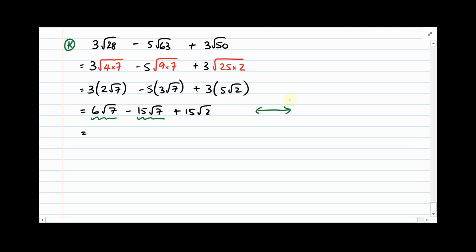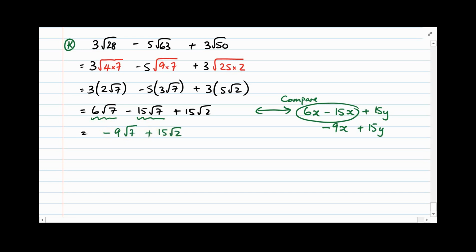So again, if I compare to using my usual, say, x's and y's, this is what I would have. I know that I could combine these, and I'd end up with negative 9x and 15y. So in a similar fashion, I look at the coefficient, 6 minus 15, it is negative 9. So negative 9 of root 7 and 15 of root 2 are left. So that's my final answer.